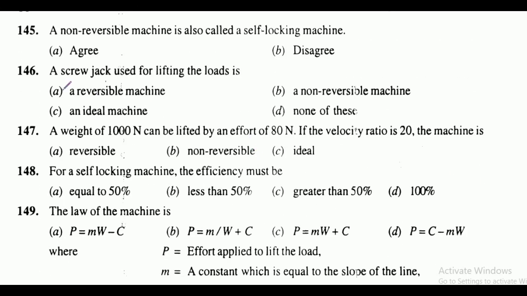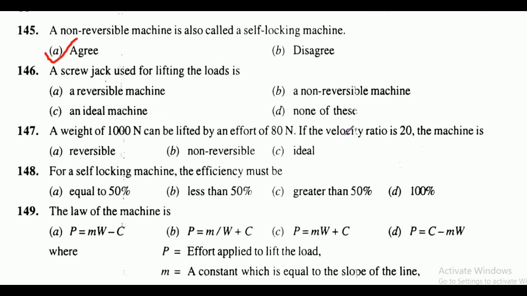Next is, a non-reversible machine is also called a self-locking machine. Agree or disagree? Here option A, that is agree, is the correct answer. A screw jack used for lifting the load is a reversible machine, a non-reversible machine, an ideal machine, or none of these.